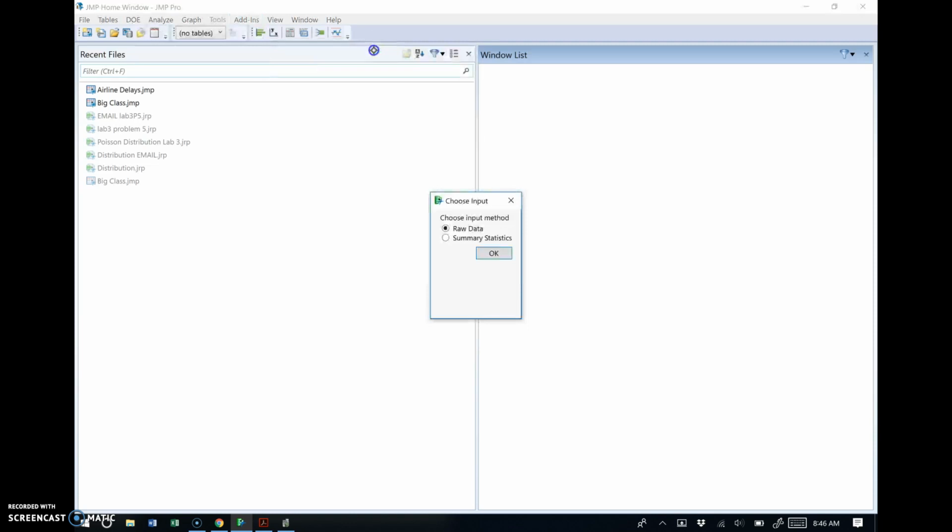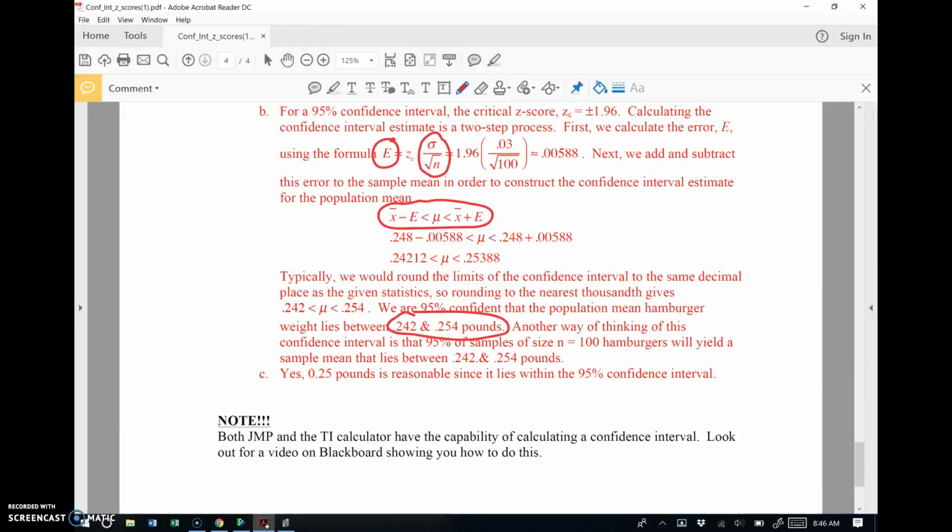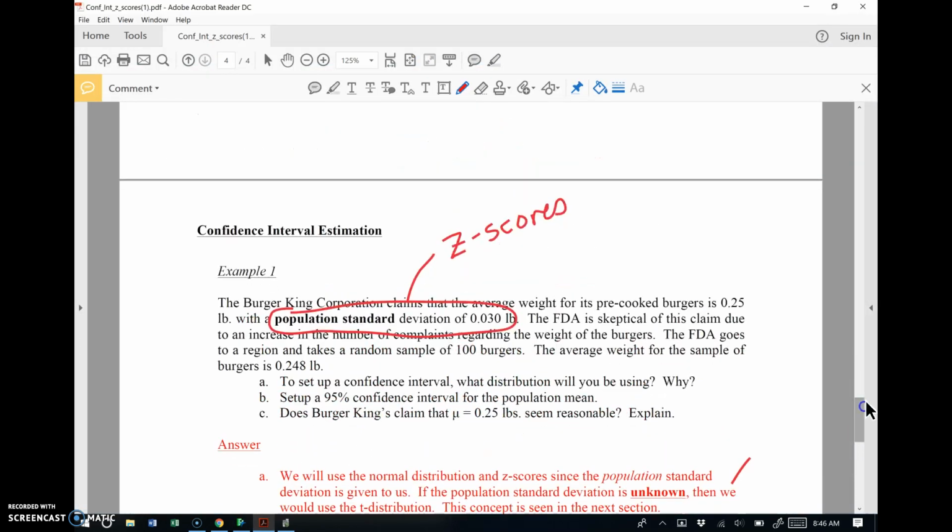All right, so the very first thing JUMP is asking is, what are you going to give me right now? Are you giving me raw data, or do you have the summary statistics? Obviously, we have the summary statistics here. We know that the population standard deviation sigma is 0.03.